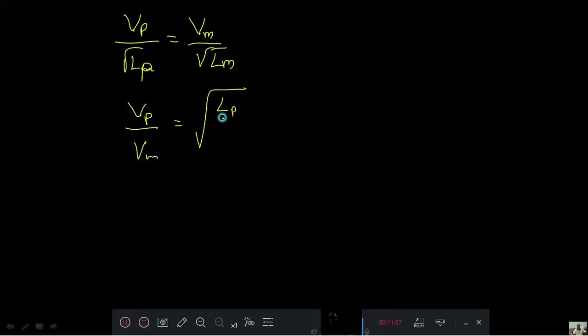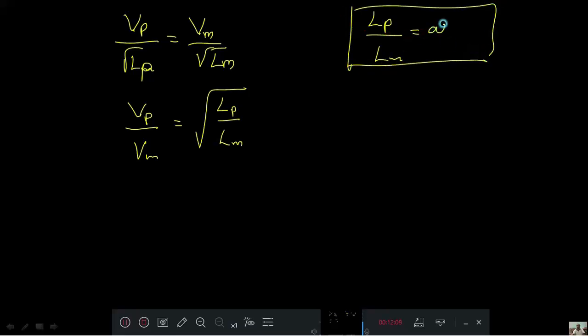Now Vp by Vm we can bring to one side, and root of Lp by Lm. Now as I said, we will always assume this Lp by Lm based on the space available in the laboratory. We will always assume this Lr.